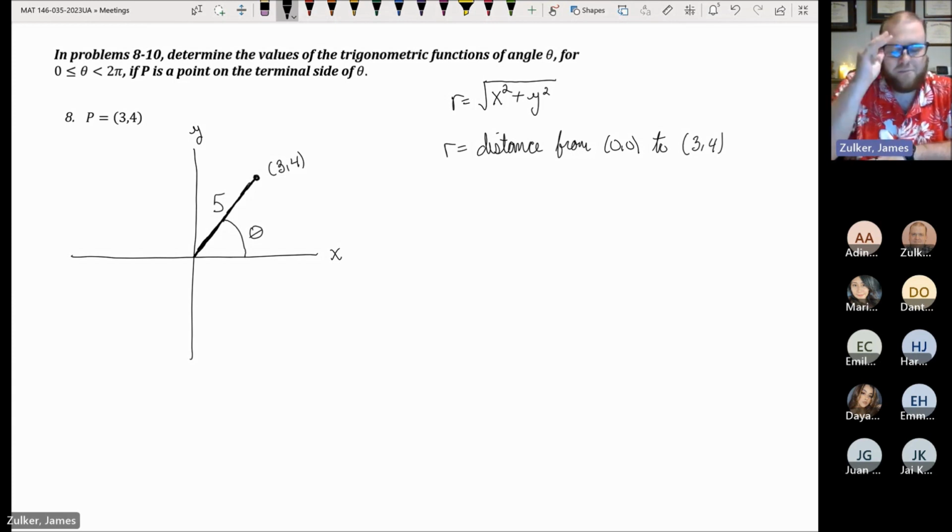Remember the distance formula? Square root of the quantity x2 minus x1 squared plus the quantity y2 minus y1 squared.